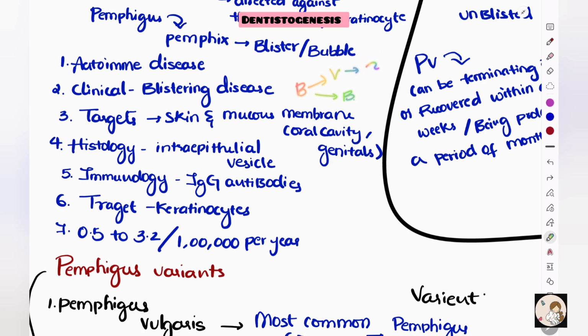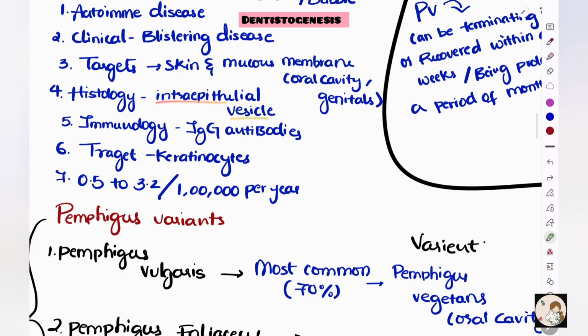If the lesion is less than 0.5 centimeters, that's a vesicle, and if it is greater than 0.5, it's a bulla. A fluid-containing lesion on the skin is known as a blister. So clinically, it is a blistering disease. It targets the skin, mucous membrane, oral cavity and genitals.